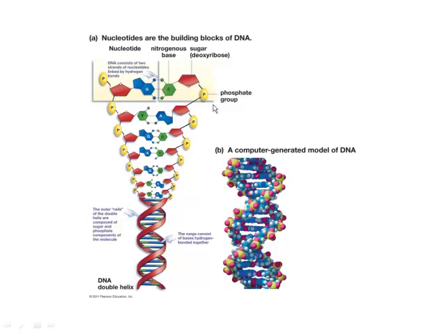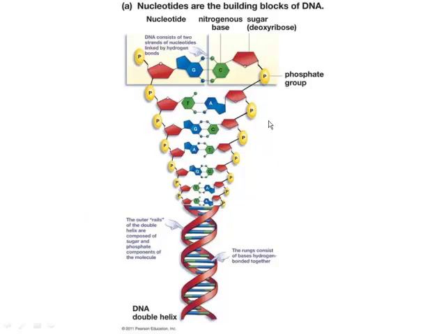And what we should glean from this picture is that, like all macromolecules, DNA has a building block. In this case, the building block is called a nucleotide. Let's go to a different version of this picture. We should see that each nucleotide, here's one right there, and here's another one over there.